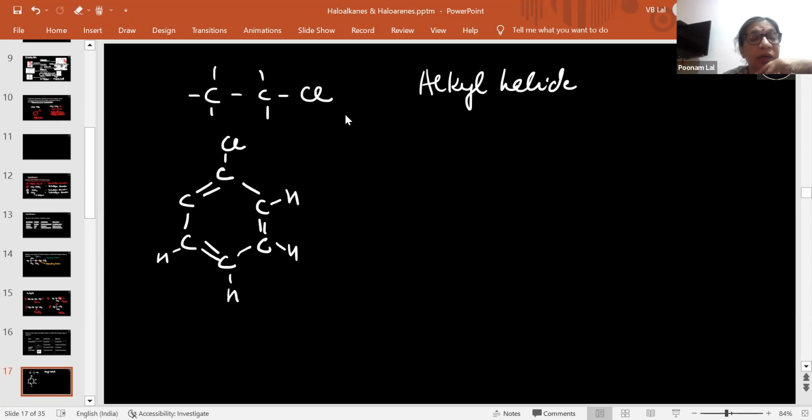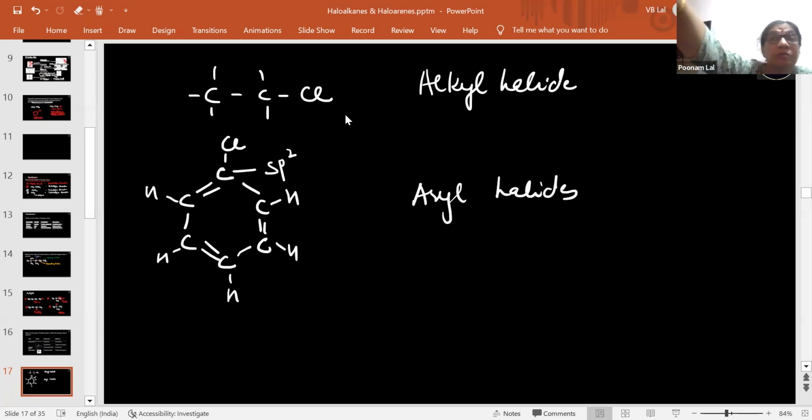So when the halogen is attached directly to the benzene ring, this carbon atom is sp2 hybridized. These are called aryl halides.